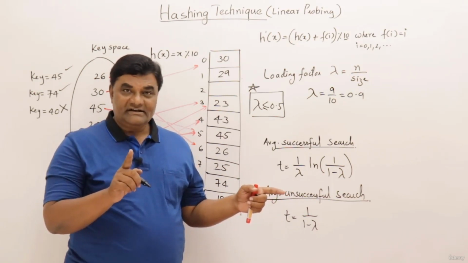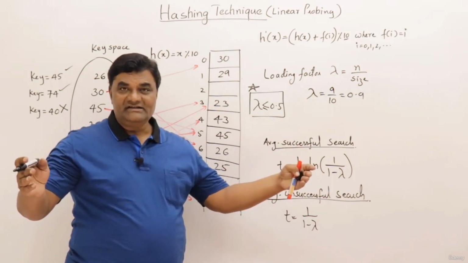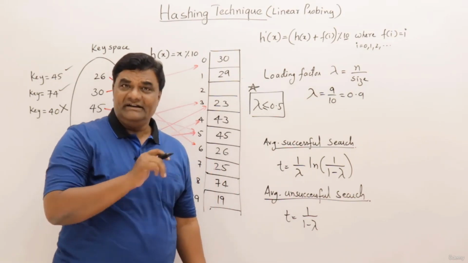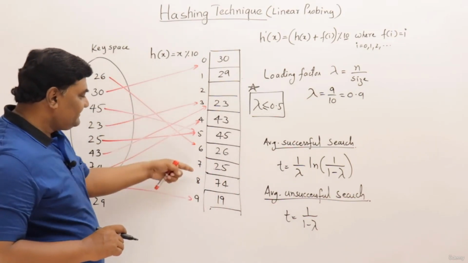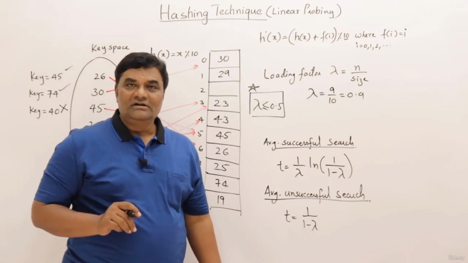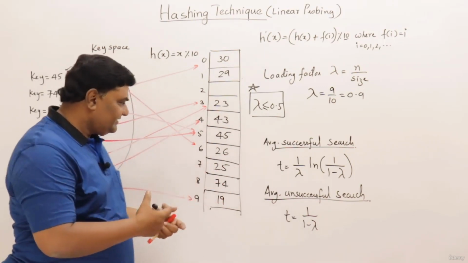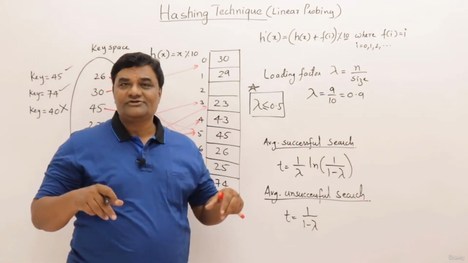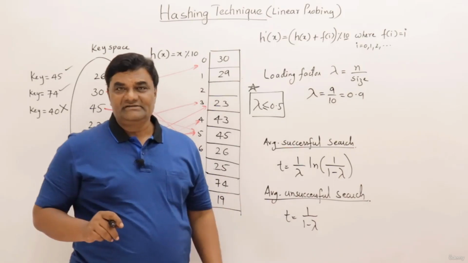So whatever the size of the hash table, at most it can be half filled. You see in my example, I have size 10, but I have inserted 9 keys. That is wrong. For explanation purposes, I have taken a small size and shown you more keys so I can show you various possibilities.